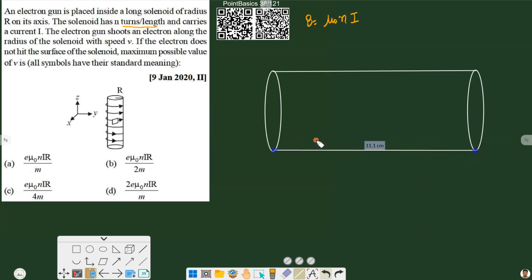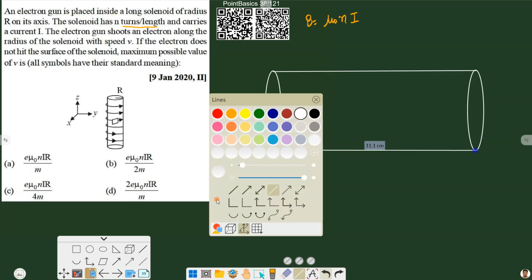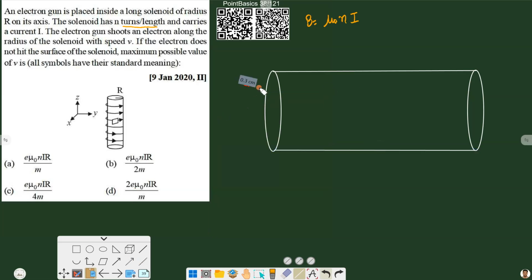We can say this is a vertical solenoid, and here we have a horizontal solenoid. Now, the magnetic field inside a solenoid is always along its axis. So the magnetic field here will be something like this. It will be either from left to right or right to left, depending upon the direction of the flow of current. But the magnetic field lines will be something like this, and this is the direction of the magnetic field.